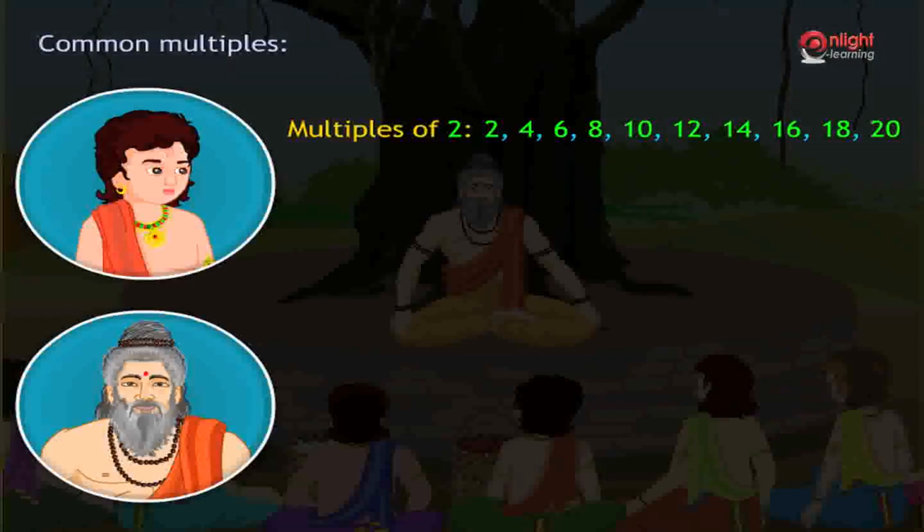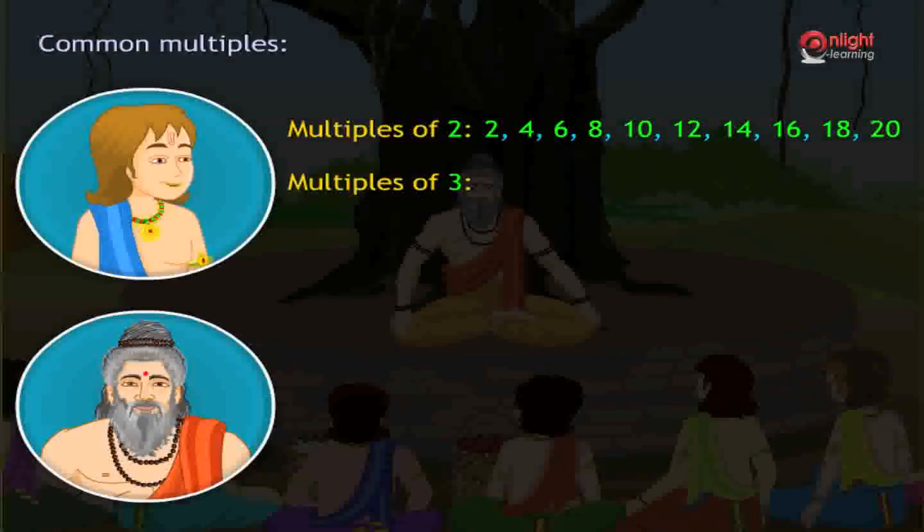Good. What are the first 10 multiples of 3? The first 10 multiples of 3 are 3, 6, 9, 12, 15, 18, 21, 24, 27, 30.